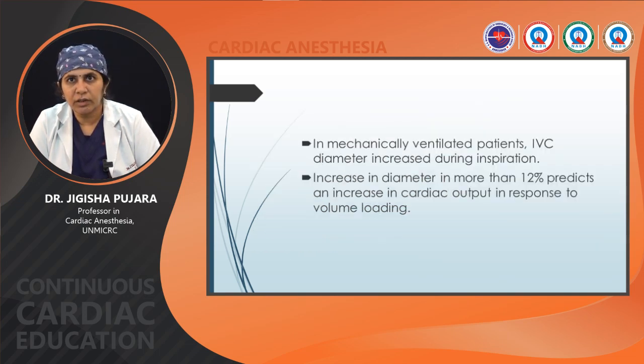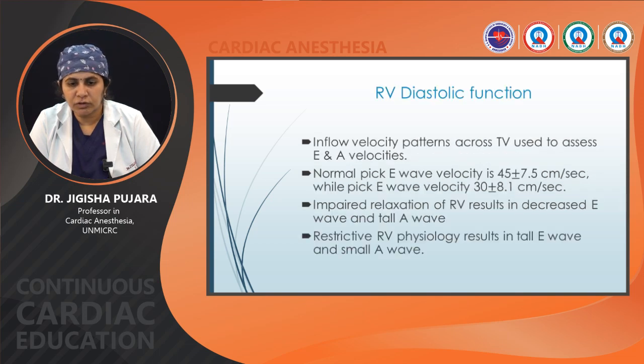In mechanically ventilated patients, IVC diameter increases during inspiration. An increase in diameter of more than 12% predicts an increase in cardiac output in response to volume loading. Right ventricular diastolic function: inflow velocity pattern across the tricuspid valve is used to assess the E and A velocities.